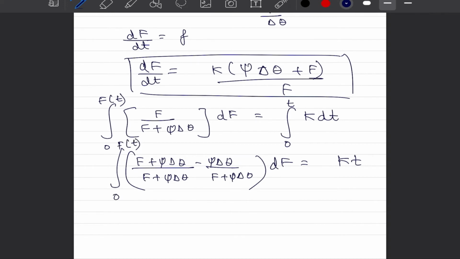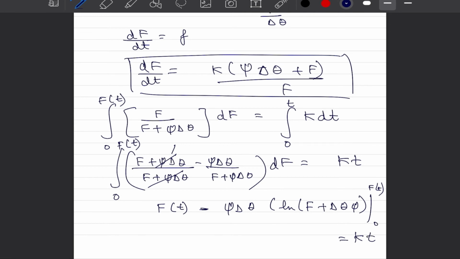And when we solve this integral, you can clearly see that this term will reduce to 1, so this would simply become F(t) after substituting limits, and the second term will become phi delta theta into ln of (F plus phi delta theta) with the limits of 0 to F(t), and this is equal to K times t.